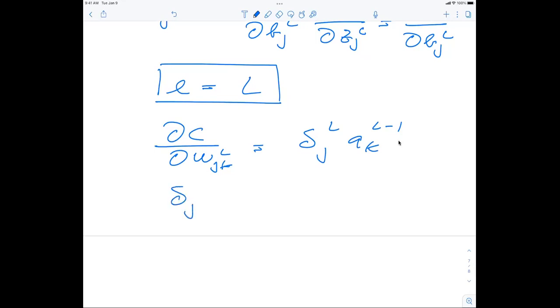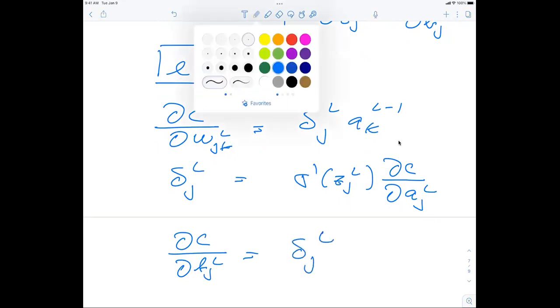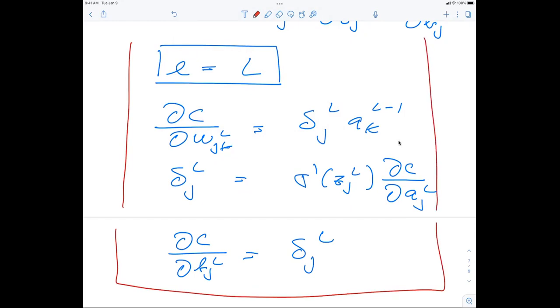We have this quantity delta_j^L, which is simply given by the derivative of the activation function at this specific layer multiplied with the derivative of the cost function at the output layer. And then finally we have this quantity dC/db_j^L, which is just equal to this quantity delta_j^L. So these equations which you see here are three of the important equations which we need in order to perform the backpropagation.